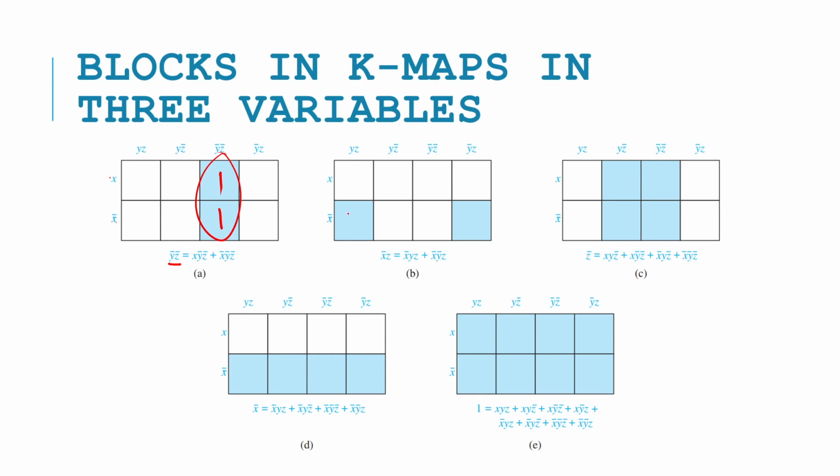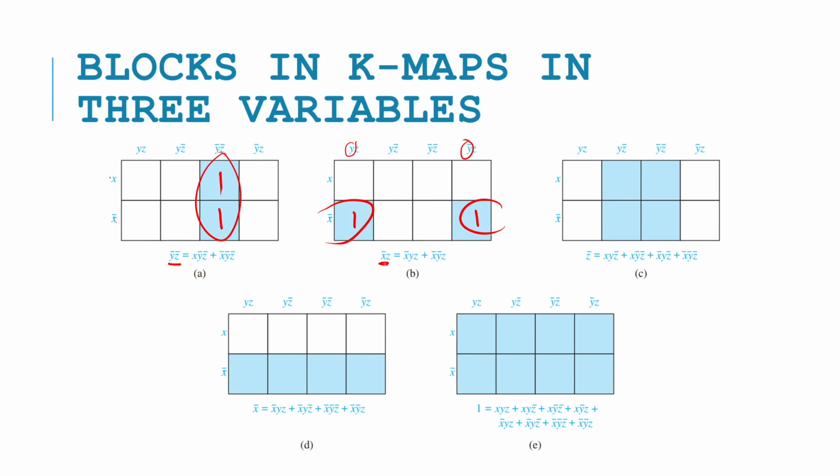Okay, here if we have ones on the corners, x prime y z and x prime y prime z, again we have here y and y prime in one block of ones. Since we have y and y prime, we could do away with y, and we would only be left with x prime z.